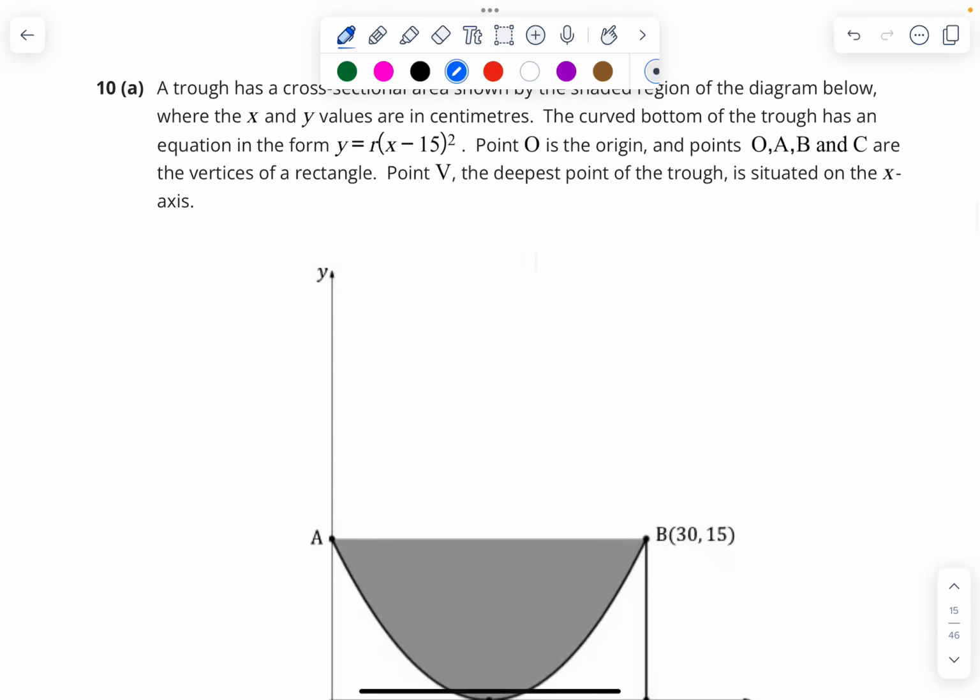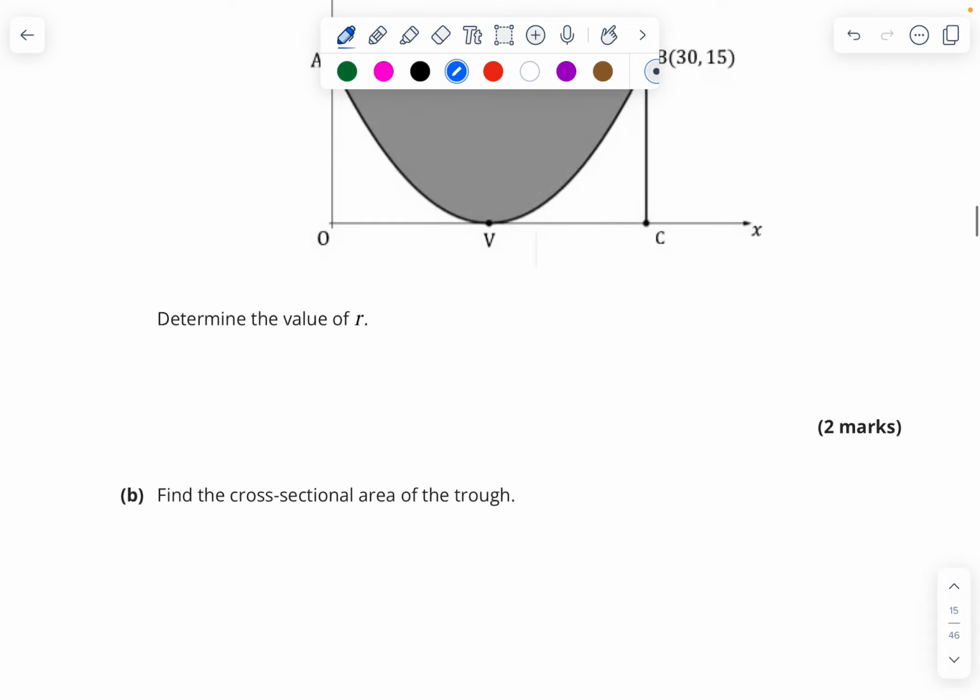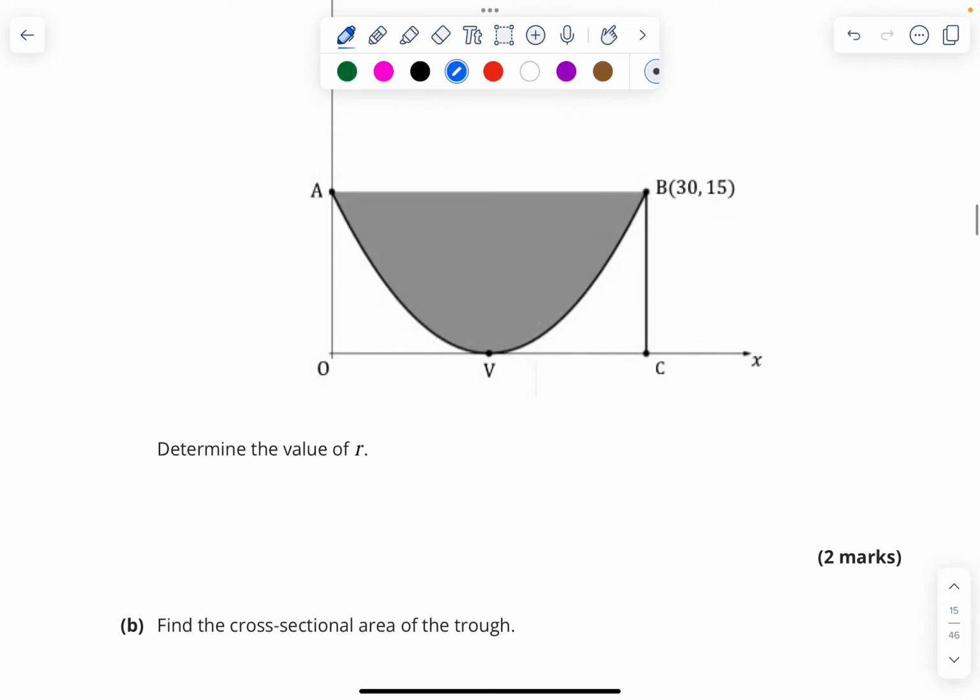And last question, question number 10. Find the value of R. He's asking us to find the value of R. Now R times, substitute 30 minus 15 whole square equals to 15.